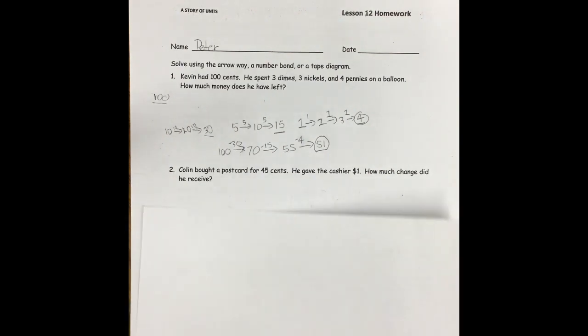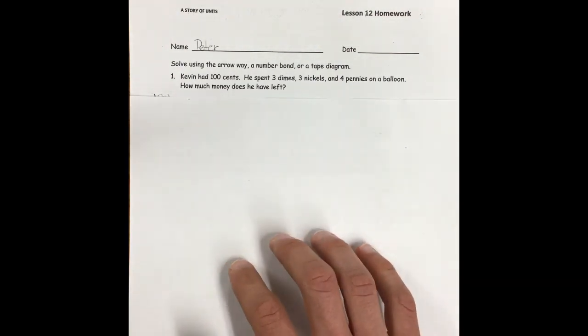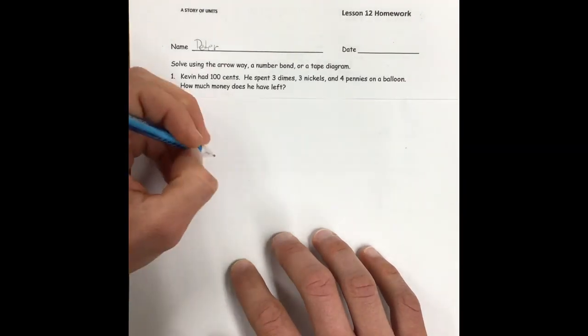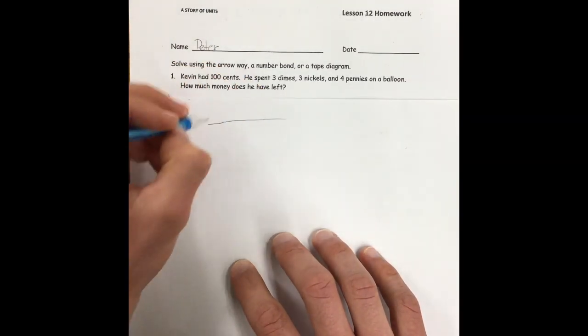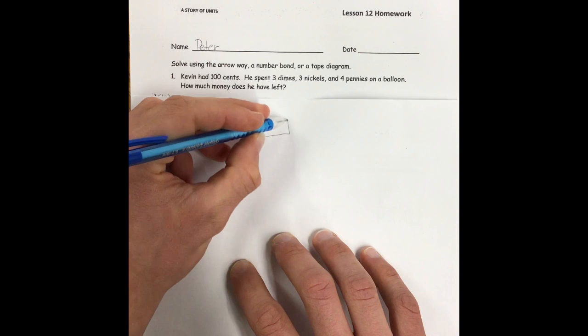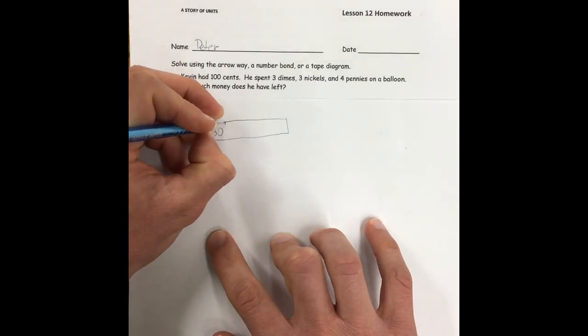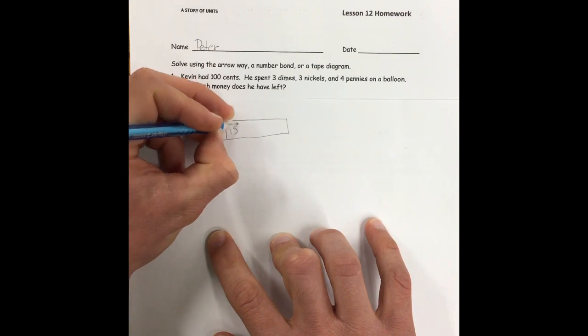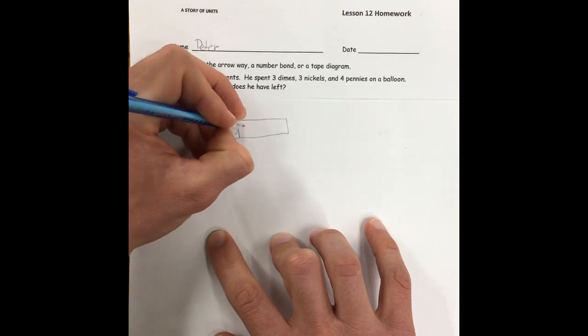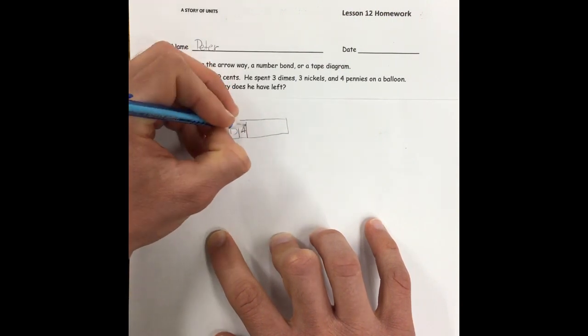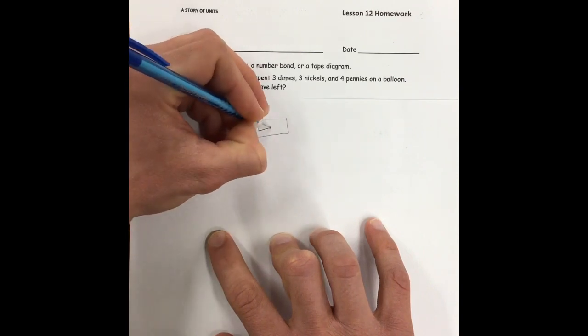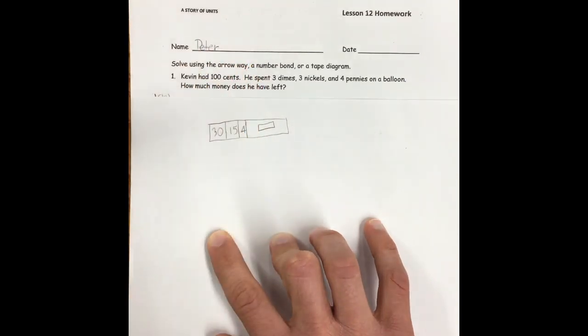Let's show it using a tape diagram. If you have tape right here, we have 30 for our dimes, 15 for our nickels, 4 for our pennies, and we have our mystery number as our remainder.